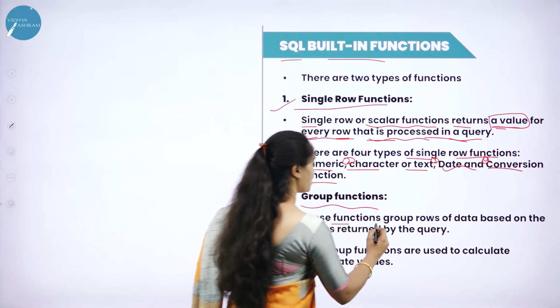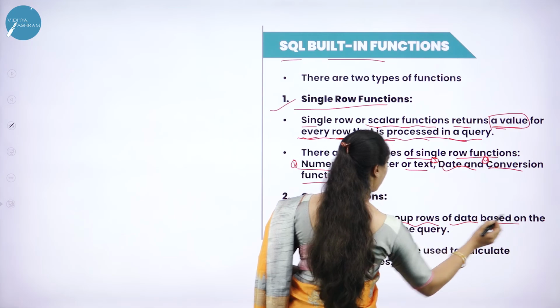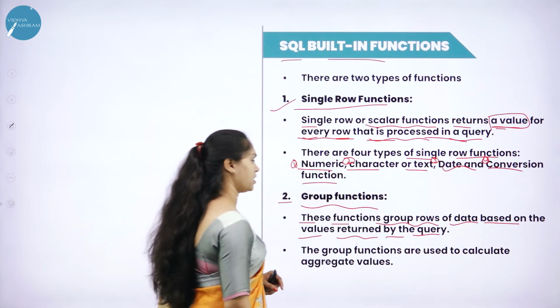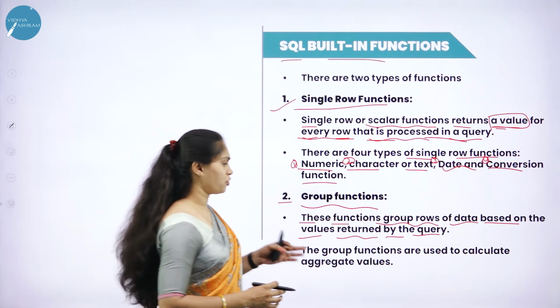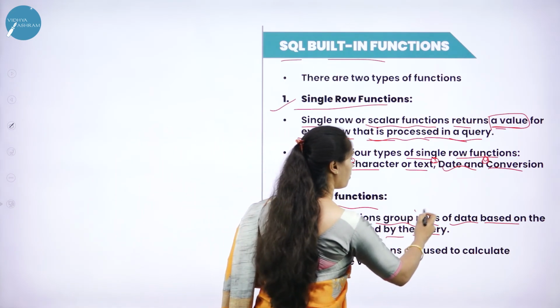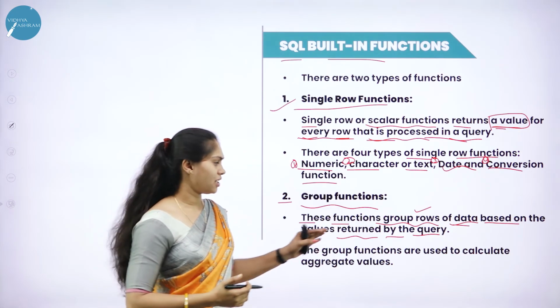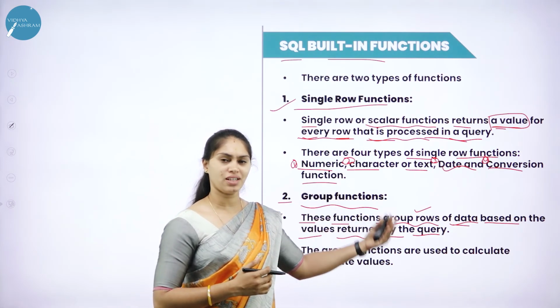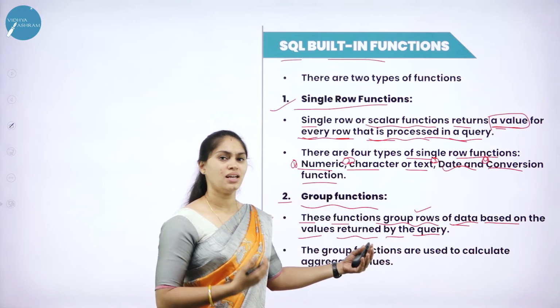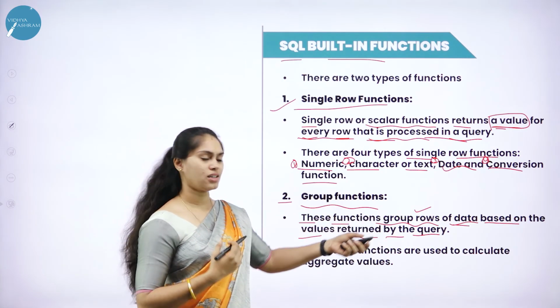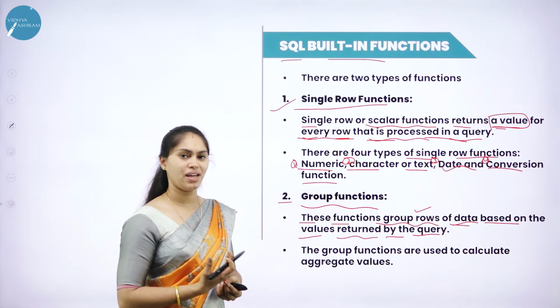So what about group functions then? These functions group rows of the database based on the values returned by the query. This will group a set of rows of data based on the values returned by the query. That means whatever command we give to the database, based on that it will collect the rows of data that will be grouped.